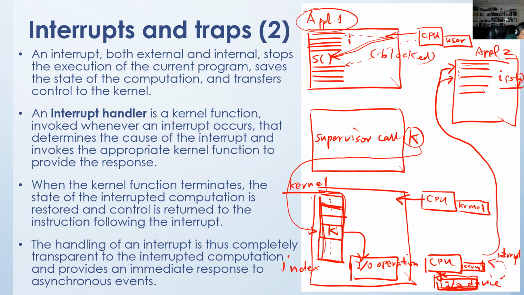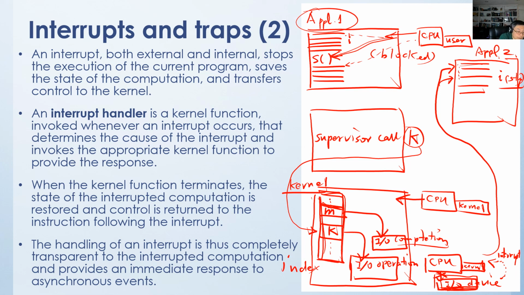Now this time it's not K, it's probably M, another index, and that index basically says the IO operation is stopped. So this M index is another supervisor call that completes the IO operation. So it's the IO completion. So it's another call. Okay.